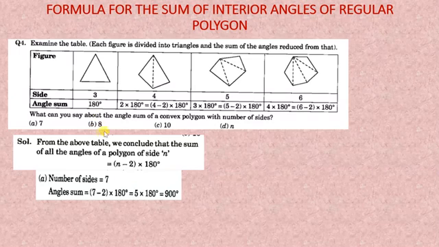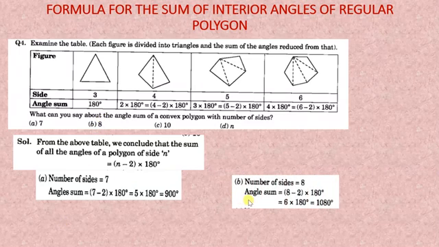If it has 8 sides, then the angle sum will be (8 minus 2) multiplied by 180 degree, that is 6 multiplied by 180 degree, 1080 degree.